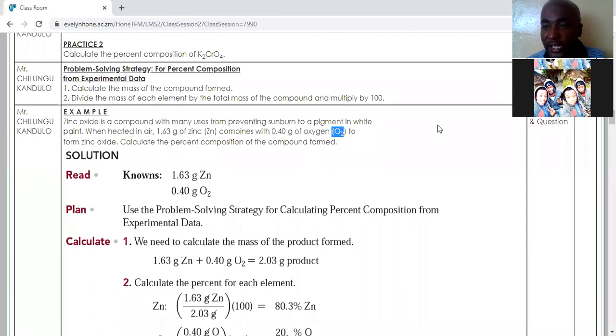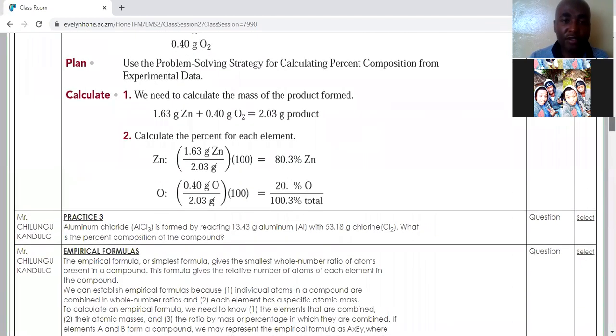So what you do there is just add them. 2.03. Then to get the percentages for zinc, mass of zinc over the total times 100, 80.3%. Then for oxygen, mass over the total times 100.